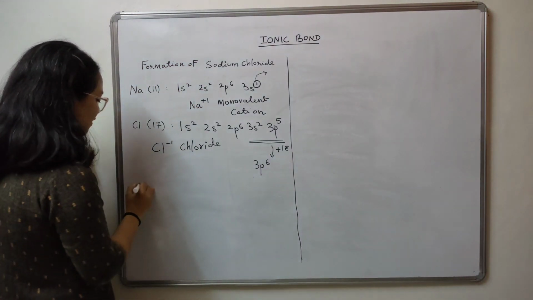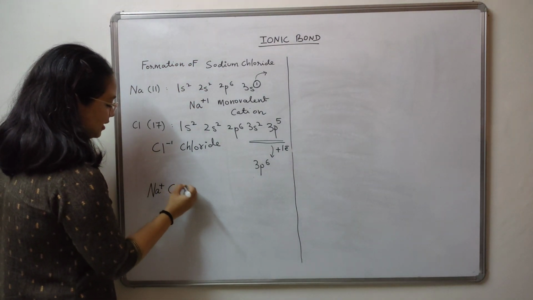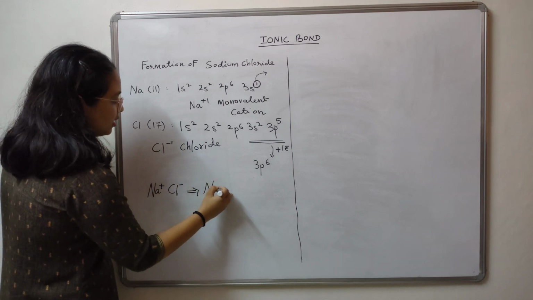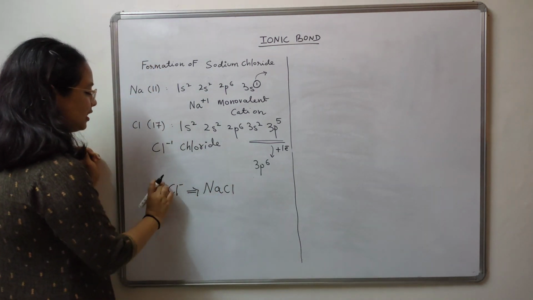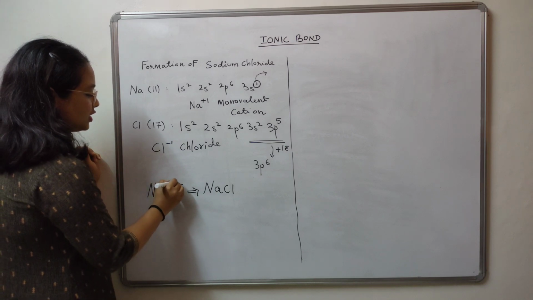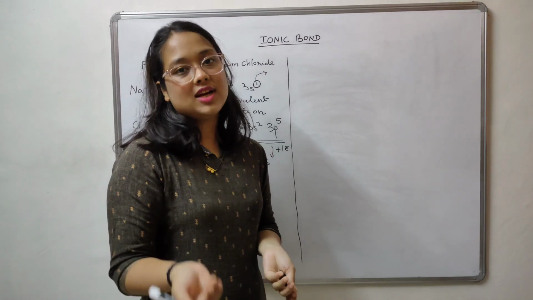Now we have our species Na+ and Cl-. The two of these are going to form an ionic bond, giving us our compound NaCl. So ionic bond is nothing but an electrostatic force of attraction between the positively charged cation and the negatively charged anion.